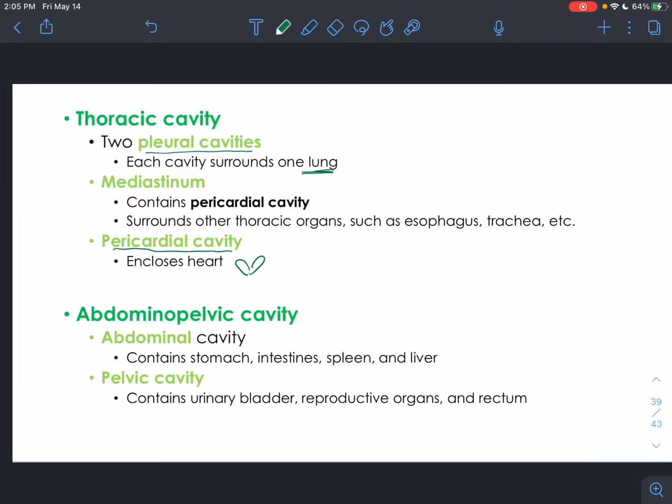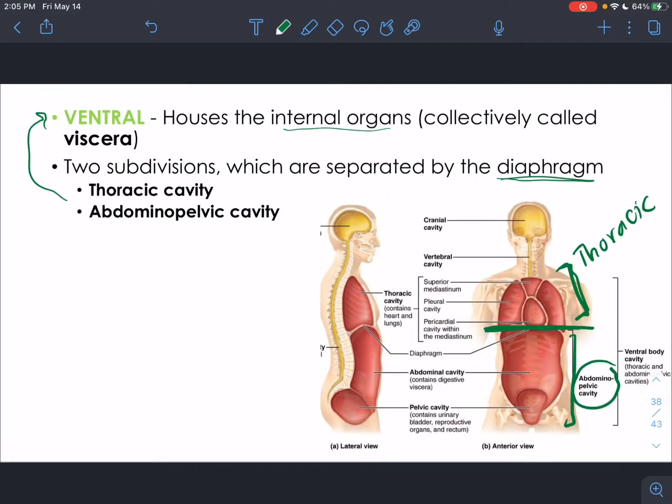Okay, so I'm going to go back and just show you really quick. I should have put that image on this page. So your thoracic, you have your pleural cavities on either side that contain your lungs. The mediastinum is all down the middle. Okay, and then pericardial is right where your heart is, which is technically part of your mediastinum. Okay, so all of those together are your thoracic.